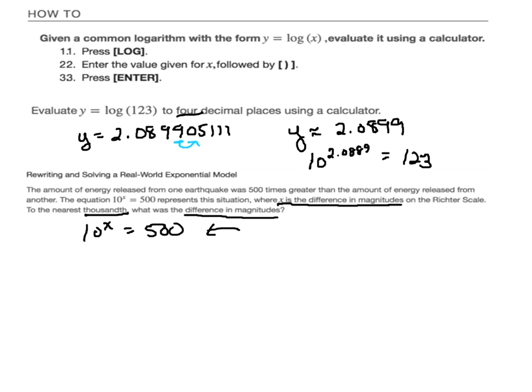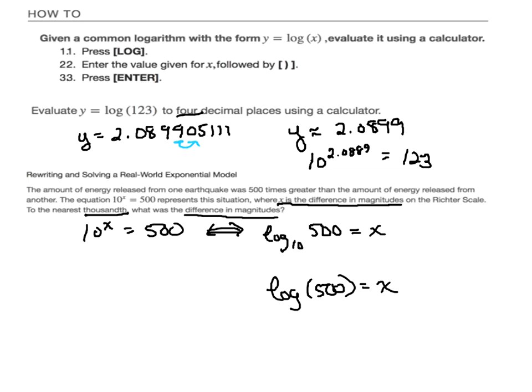I'll change to logarithmic form. This basically says 10 to the what? What do I have to raise 10 to make 500? So to change into logarithmic form, that says log base 10 of 500 is x. But I don't normally write it that way. I would just write the log of 500, it's understood to be base 10, is equal to x.